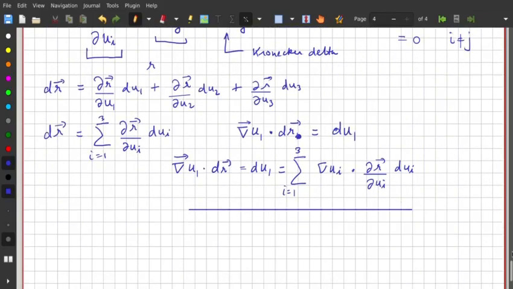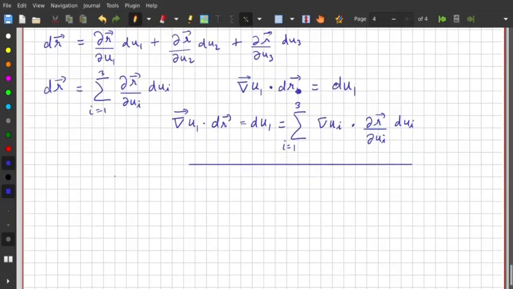If you see, since only the dot products in the same direction will survive, we will have grad u1 dot partial r partial u1, that has to be 1.